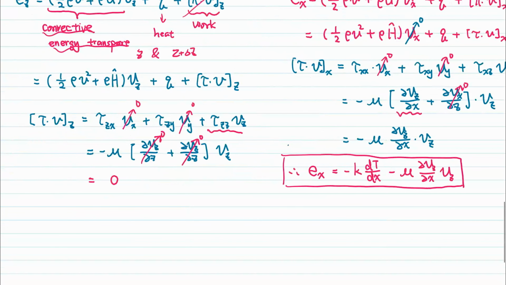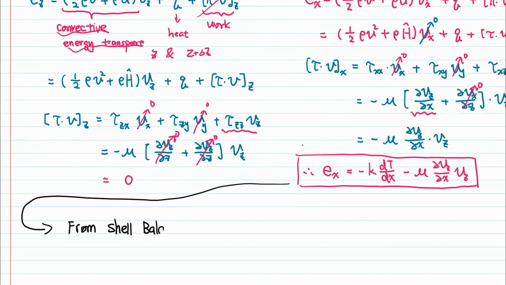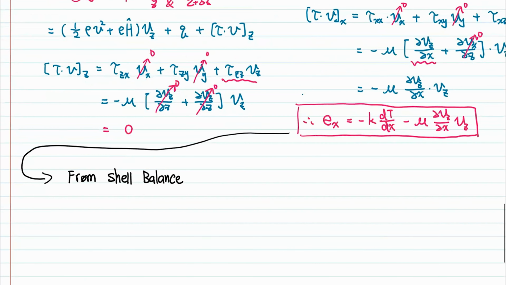Now we can proceed. Remember, from the shell balance, we know that the combined energy flux vector is a constant, some constant C1, and also equal to negative k dT dx minus mu partial vz partial x times vz.